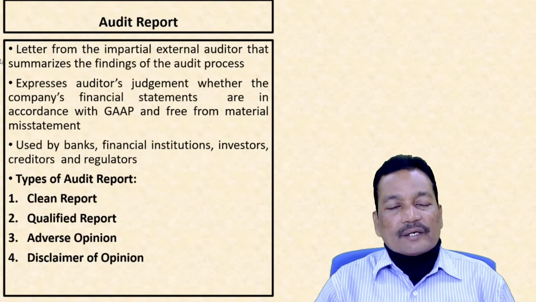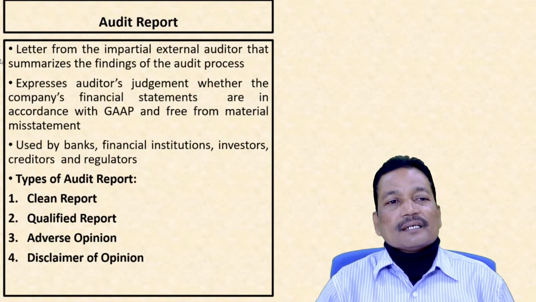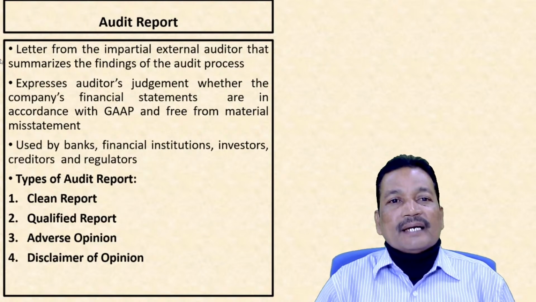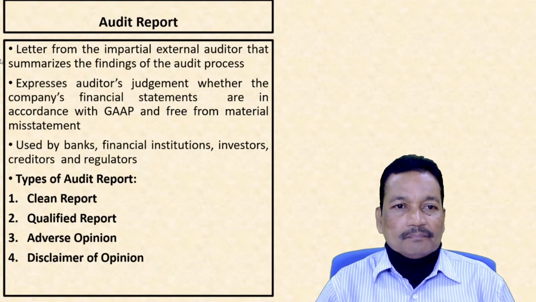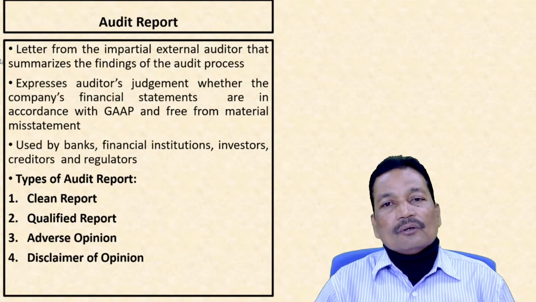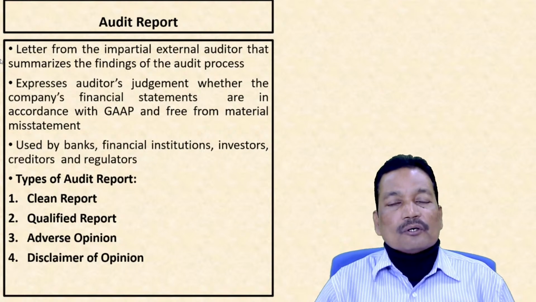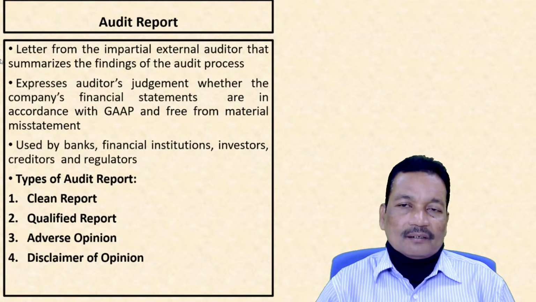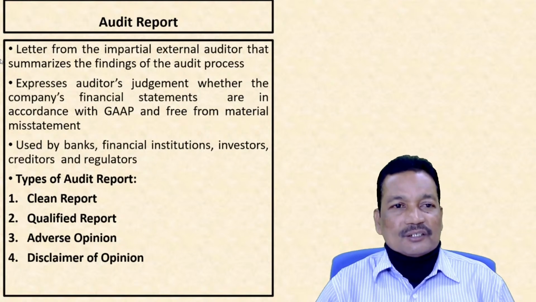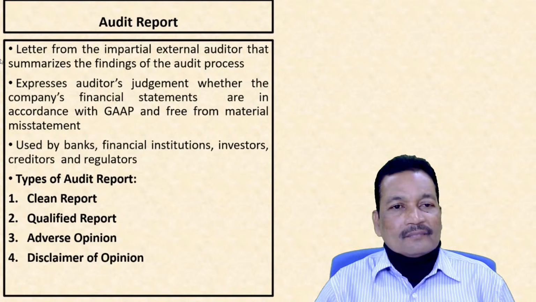Now, after the audit process is completed, an audit report is generated by the audit team. Now, this audit report is basically the task of the auditor. That means the person in charge of auditing.